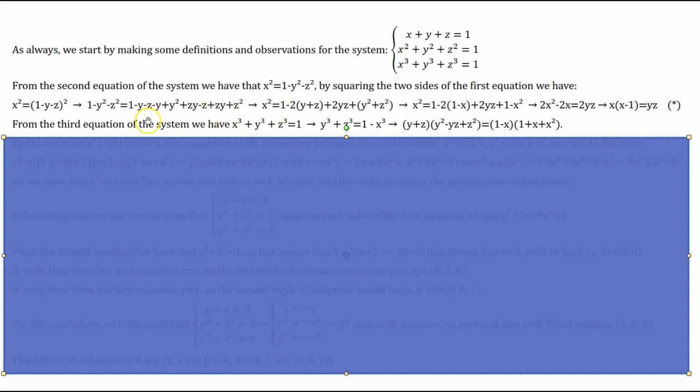We will cancel the terms with opposite signs, and at the end we substitute that 1 minus y squared minus z squared is equal to x squared, as we saw from the second equation of the system. And now we factorize, and we will have that x squared is equal to 1 minus 2 times (y plus z) plus 2yz plus y squared plus z squared.